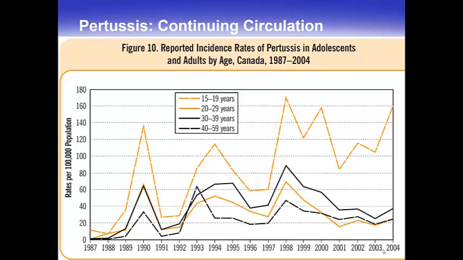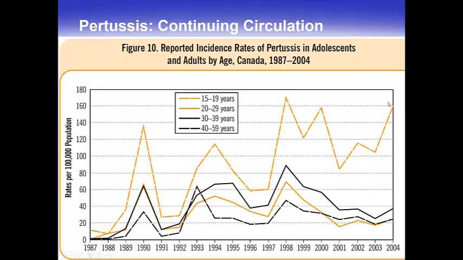Within the past 25 years, if we break the rate of pertussis down by age group, you can see that in teenagers and young adults, the 15 to 19-year-olds, the pertussis rates are actually significant.